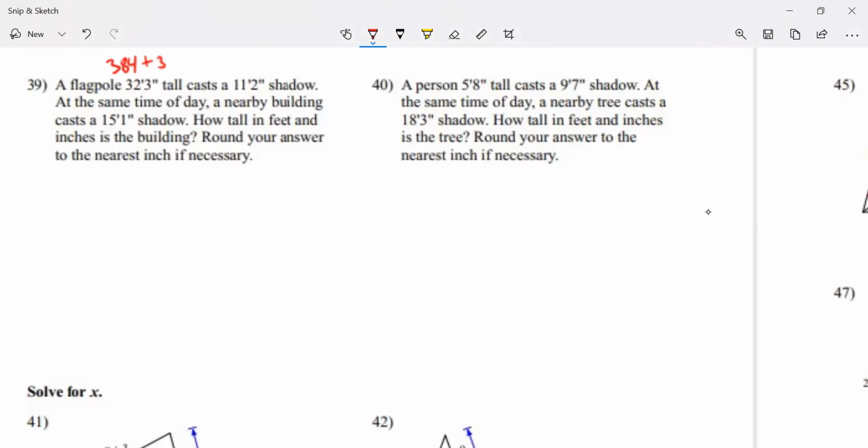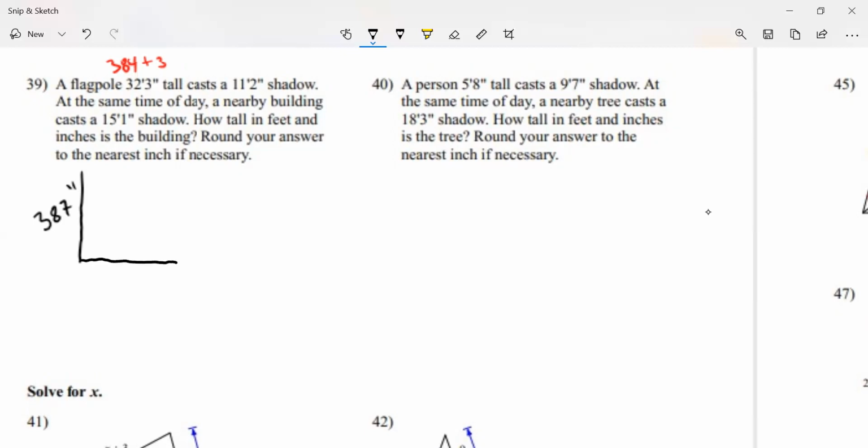I'm going to draw my flagpole here. That is 387 inches. I moved everything to inches. Right, I went 32 times 12, which is 384, plus the 3 inches.